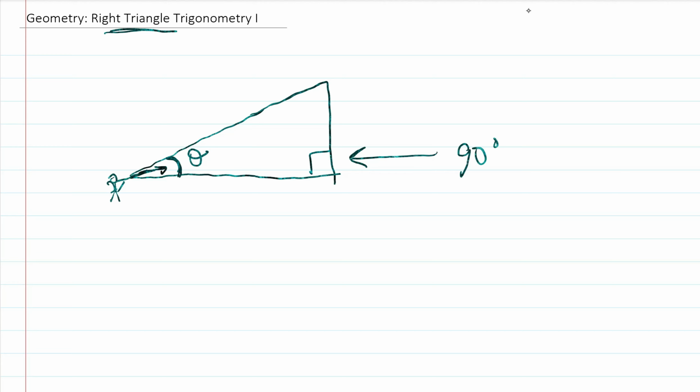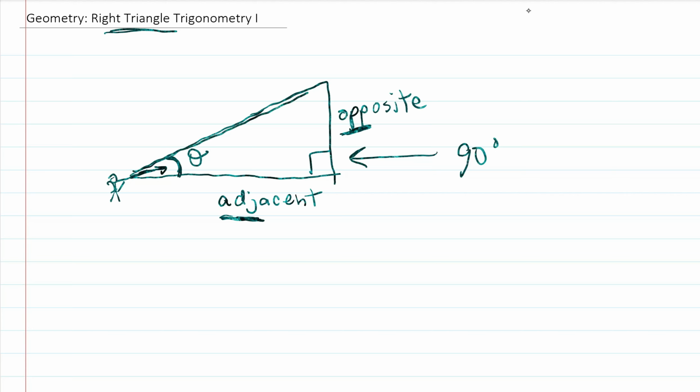This side right over here is known as the opposite side, sometimes shortened OPP. This side down here, right at the bottom or next to us, is known as the adjacent side. Sometimes they shorten that as ADJ.